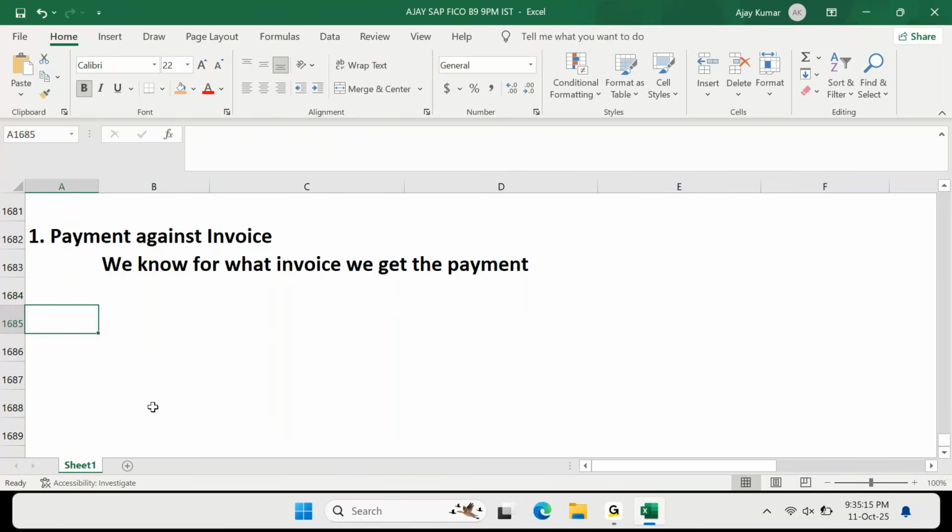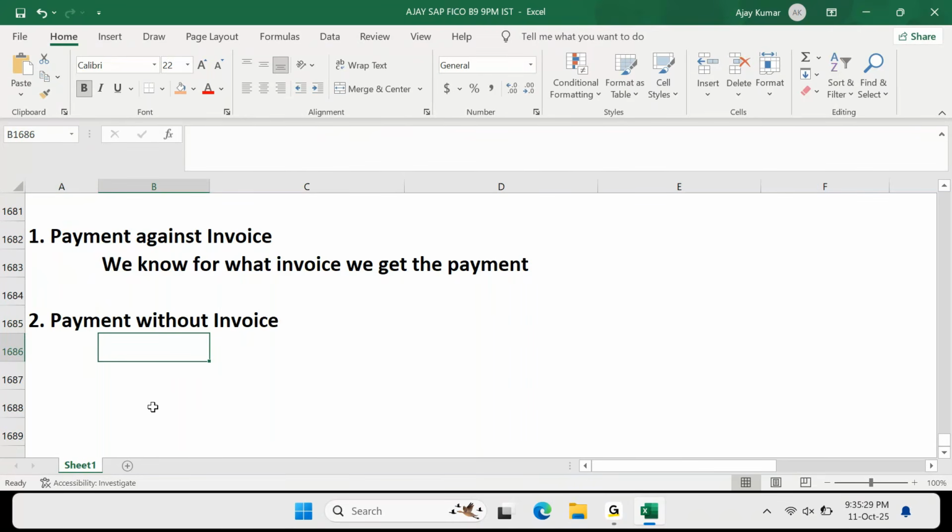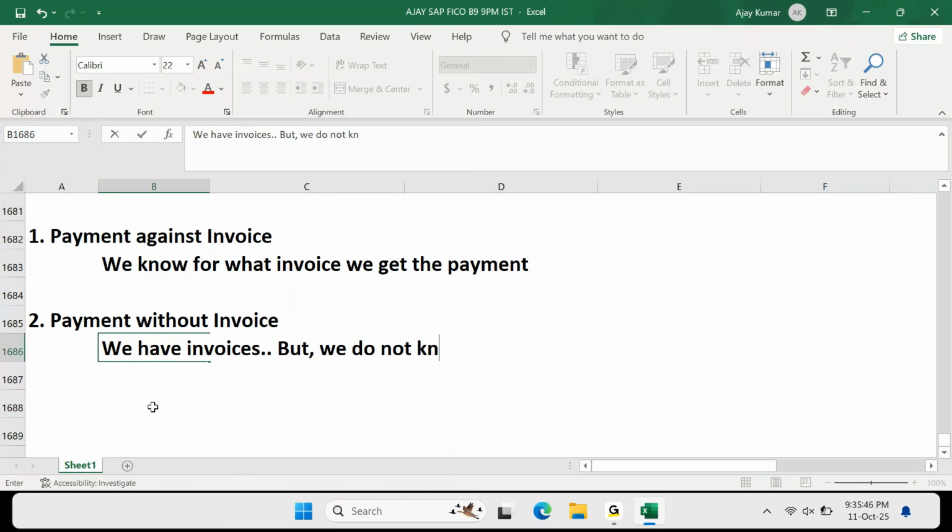That is what you're talking about, payment against invoice. Second one, you can say payment without invoice, on account. We have invoices, but we do not know against what invoice this payment is for.